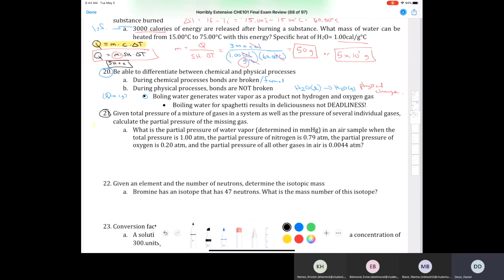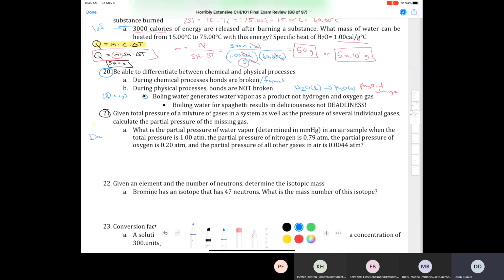Number 21. Given the total pressure of a mixture of gases in a system, as well as the pressure of several individual gases, calculate the partial pressure of the missing gas. For this one, you need Dalton's law of partial pressures.